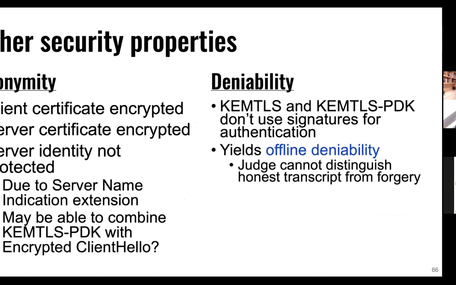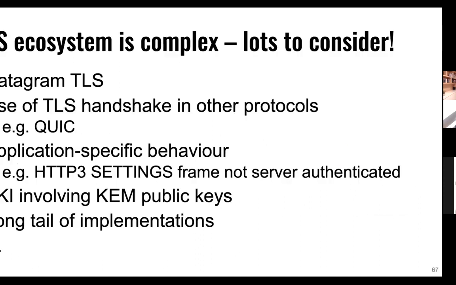I do want to mention that there's lots more going on, that the TLS ecosystem is really very complex. There's all kinds of things that I haven't touched on and that I don't even know a whole lot about, like datagram TLS, so TLS for UDP connections, the use of TLS handshakes in other protocols like QUIC, and application-specific behavior like HTTP/3, which actually does send something in an earlier flow that I hadn't anticipated.